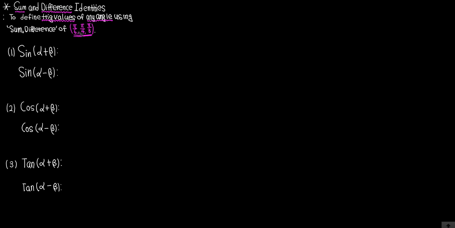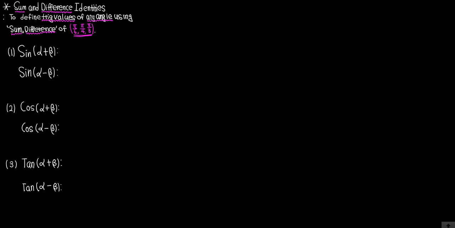However, by manipulating these angle measurements, using their sum and difference between them, we'll be able to define the sine, cosine, and tangent, also their inverses, on the unit circle of any angle measurements. So that's why the sum and difference identities are important, along with the Pythagorean identities.